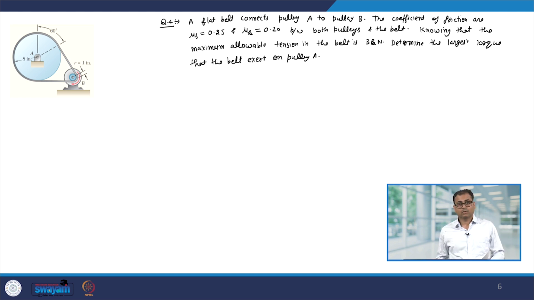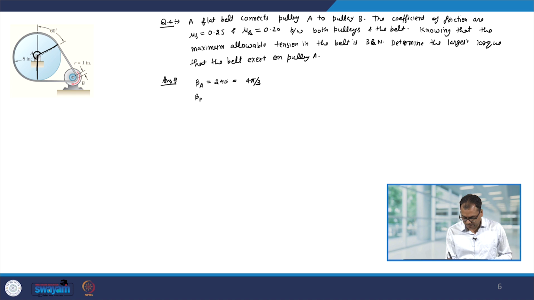pulley A. So, first let us see how much angle the flat belt is making with pulley A and pulley B. So, with pulley A, let us say the angle is beta A, and you can see that this angle is 180 plus 60 degree, which is 240 degree, and this I can write down as 4 pi by 3.